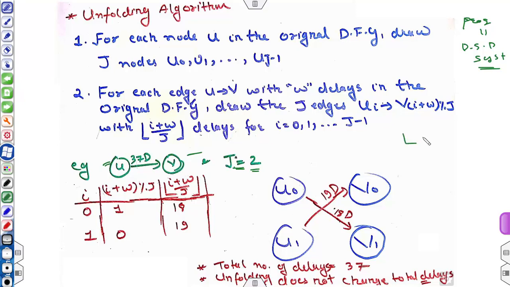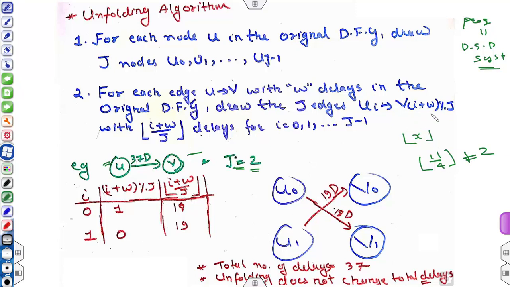This represents floor of x, which is the largest integer less than or equal to x. For example, floor of 11 by 4: 11 by 4 is 2 point something, so the largest integer less than or equal to it is 2.